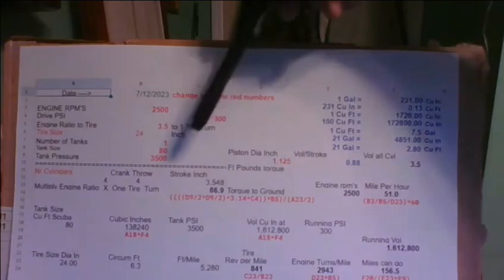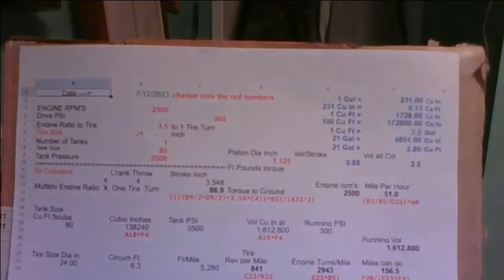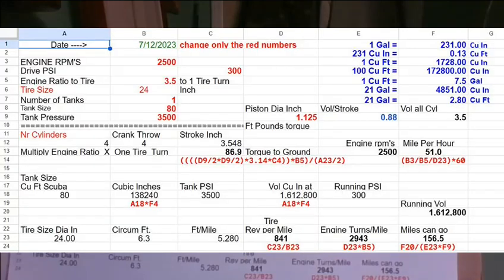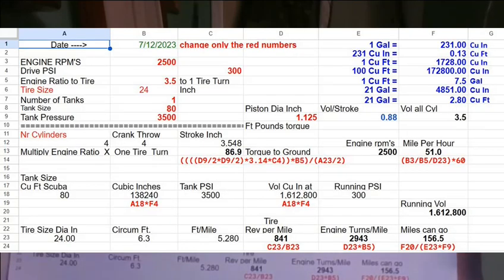It's an 80 cubic foot scuba tank at 3,500 psi. These numbers here are the various numbers that will be used in the calculations down here.